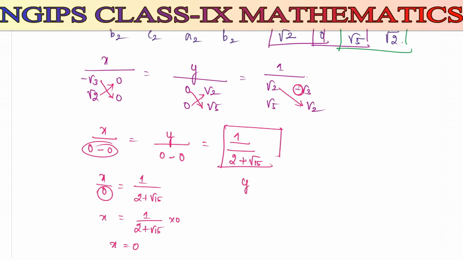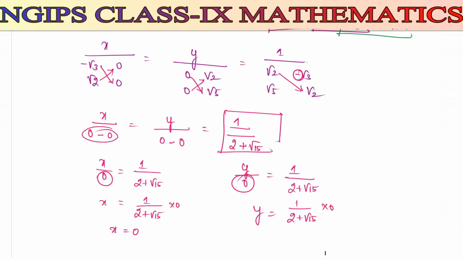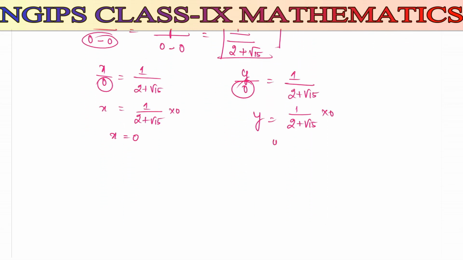Same y also, y divided by 0 is equal to 1 divided by 2 plus root 15, y is equal to, this division will become multiplication, 1 divided by 2 plus root 15 into 0, 0 into anything the value is going to be 0, so we got y is equal to 0. Therefore x is equal to 0 and y is equal to 0 are the solutions for the given simultaneous linear equations.